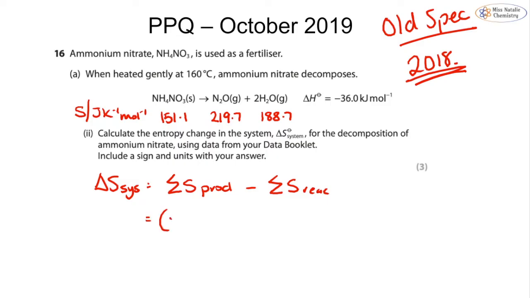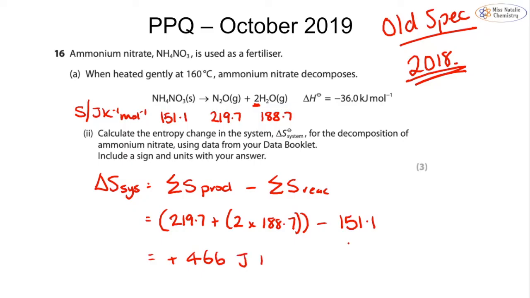Meaning I've got 219.7 plus, remember I have a coefficient of 2, so I have 2 times 188.7, and then I subtract my entropy of reactants, which is 151.1, and that gives you a value of positive, remember always include a sign, 466 joules per Kelvin per mole. And that would get you 3 marks.